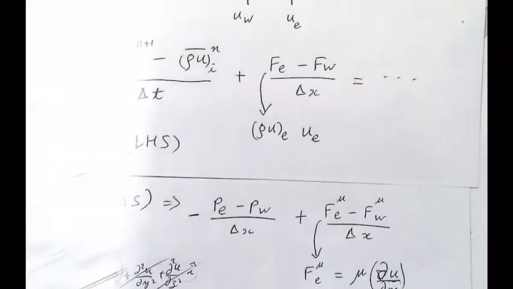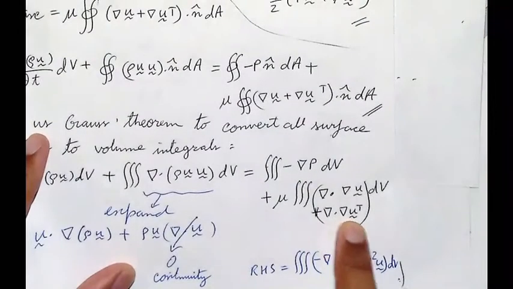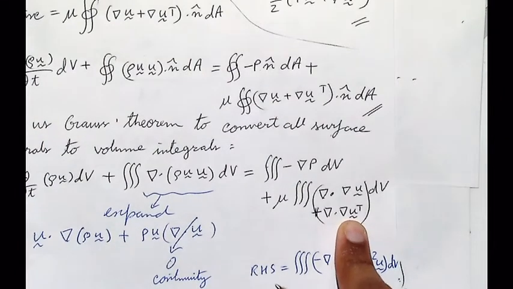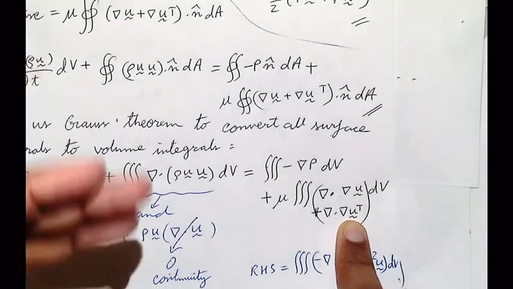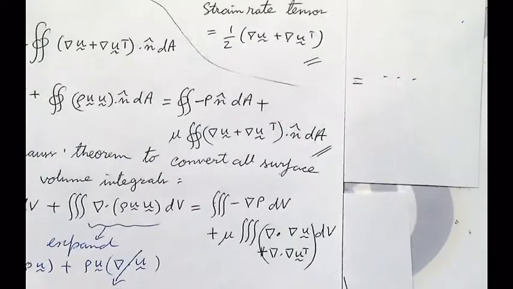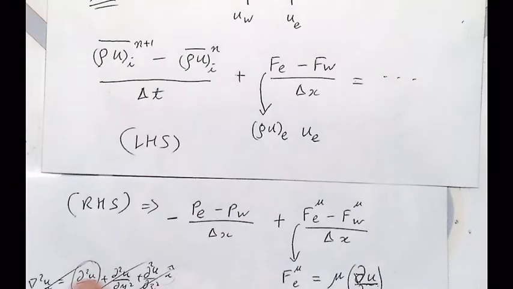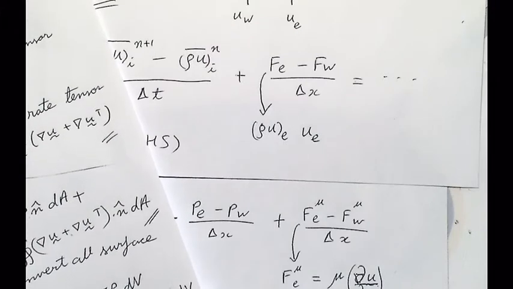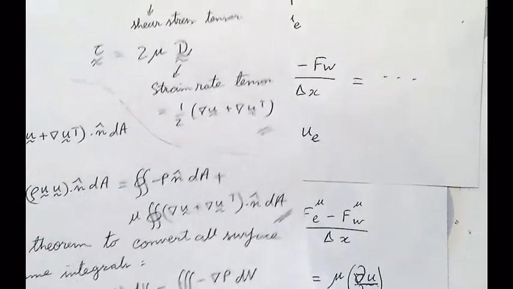Grad U transpose would become 0 here as well. This nabla dot nabla U transpose we derived for the very general case, right? In any dimension this is 0. So here too it will be 0. But we didn't take it right now. We were dealing with a surface integral, not the volume integral, in writing this. So we were just dealing with grad U. Oh, I see.